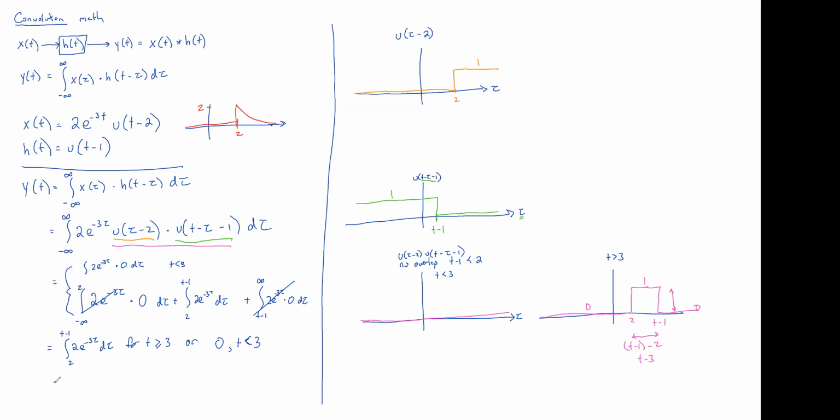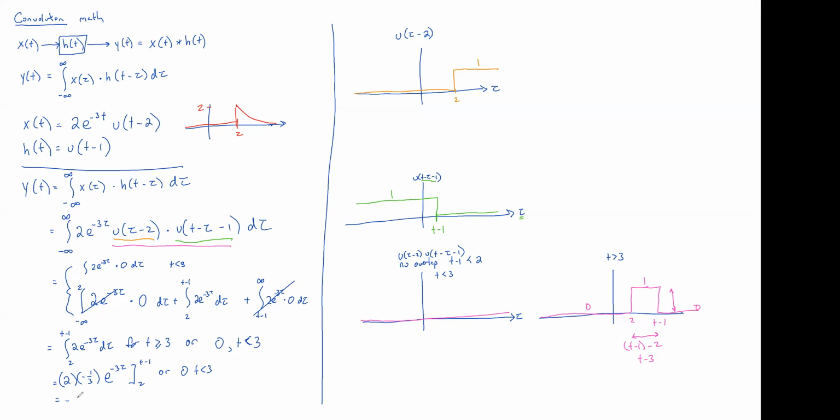So now we can do our integral. The 2 comes out. This is negative 1/3 e to the minus 3 tau, and we're going to evaluate that between 2 and t minus 1, or it's going to be 0 if t is less than 3. So it's equal to this first integral for t greater than 3, or the second integral for t less than 3.